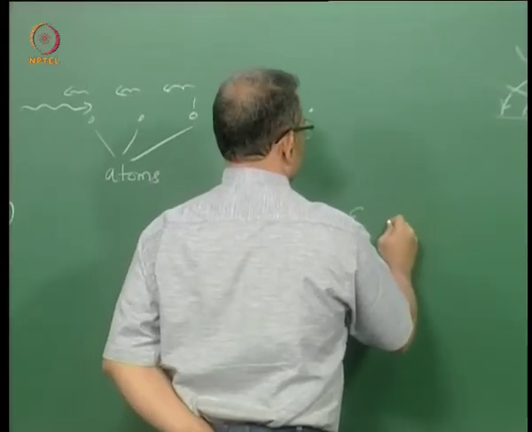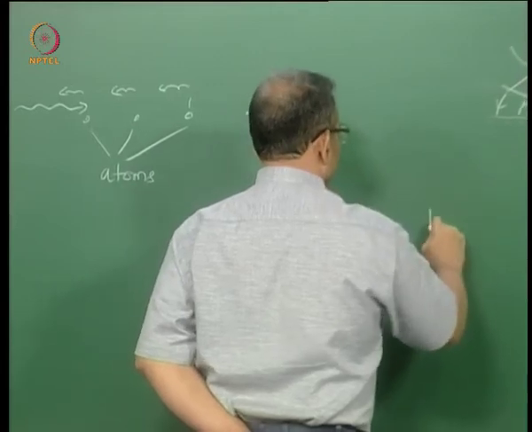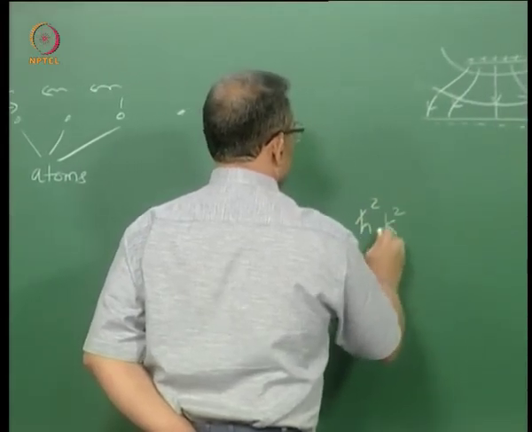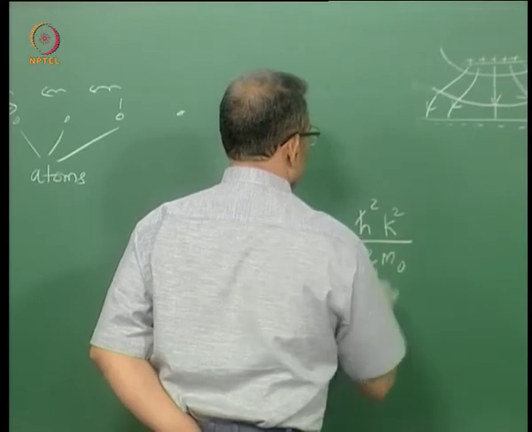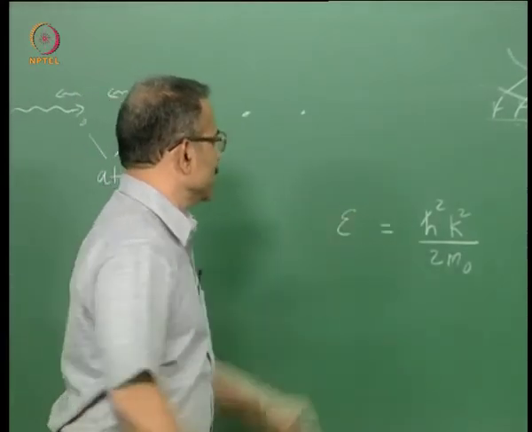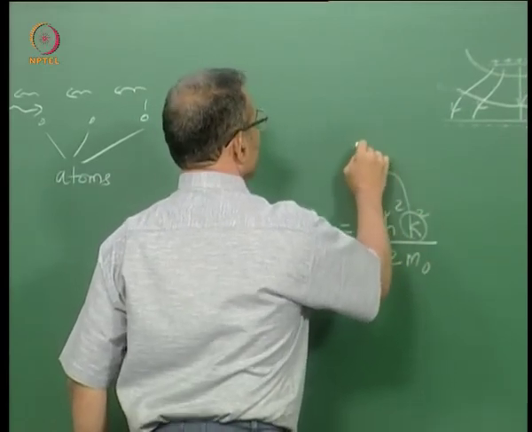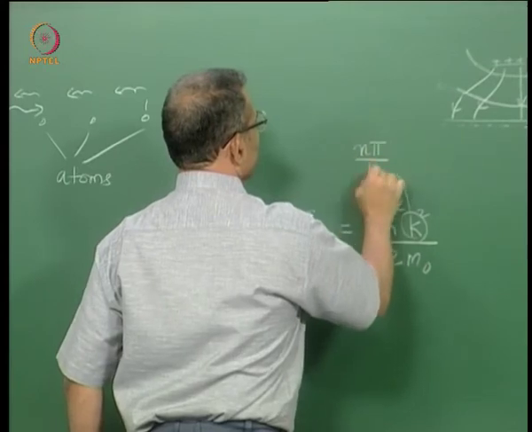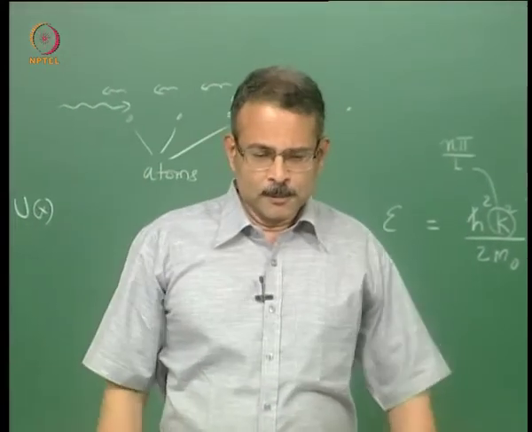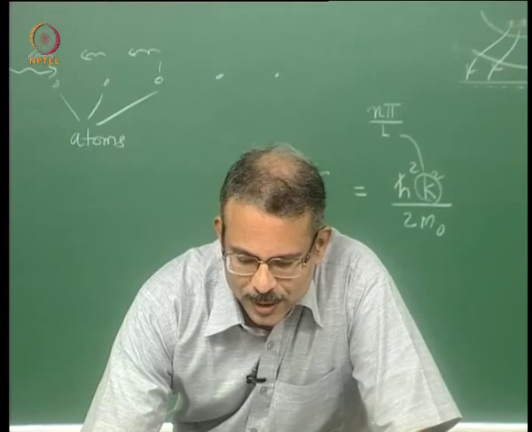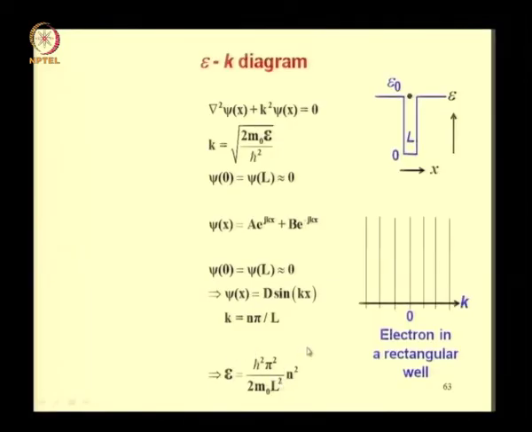So E is equal to h cross square k square by 2 m naught. That would be the Ek relation, and in this you substitute for k. So this k is equal to n pi by L. So the allowed energies E given by this equation are represented here, okay, for different values of n.